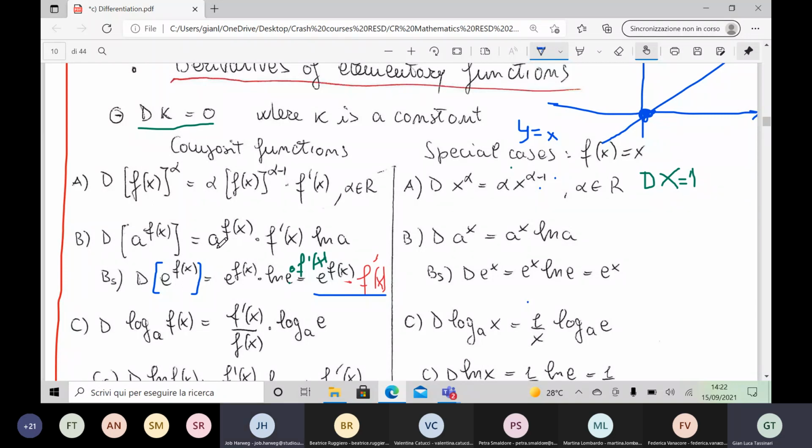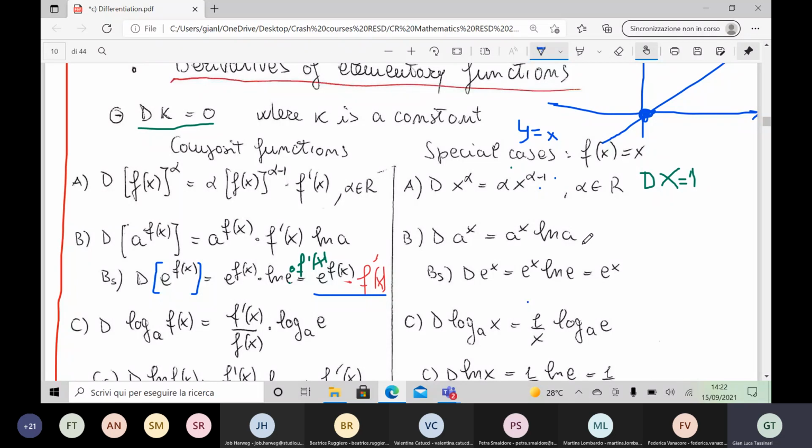The rule tells you a to the power f of x, so in our case, f of x is x. So a to the power x times ln of a, times f prime of x. F prime of x is the derivative of f of x, but in this case f of x is equal to x, whose derivative is 1, so times 1, you do not need to report it.